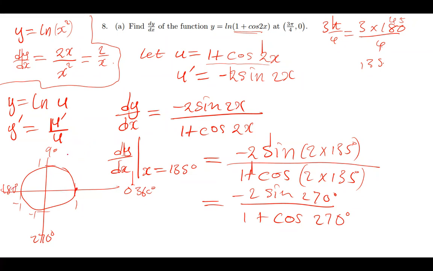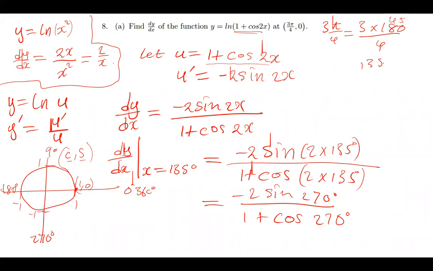We read these coordinates as cos, sine. So the coordinates here are simply 1, 0. So cos 0 is 1, and sine 0 is 0, because we're reading these coordinates as cos, sine.